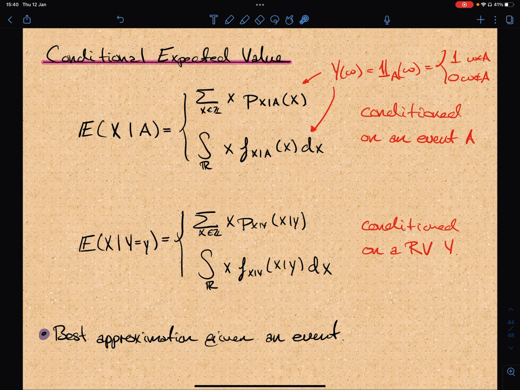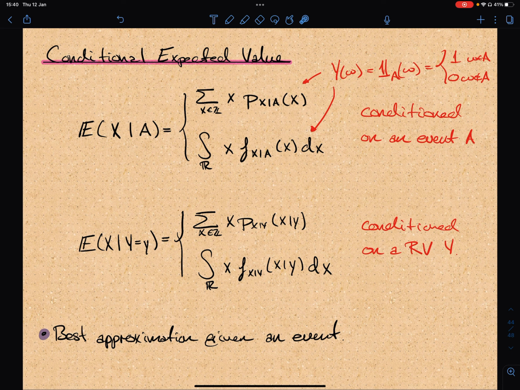A particular interpretation that we can have for this conditional expected value is that this is our best approximation of a random variable X given the event that Y is equal to y, or an event A. The typical expected value, the one that we define without conditioning, corresponds to approximating X with no information.